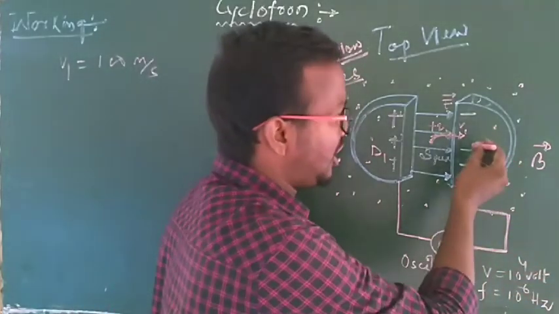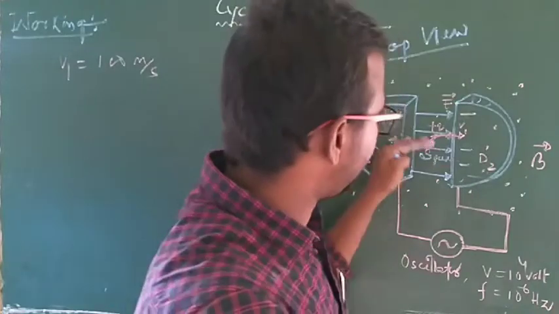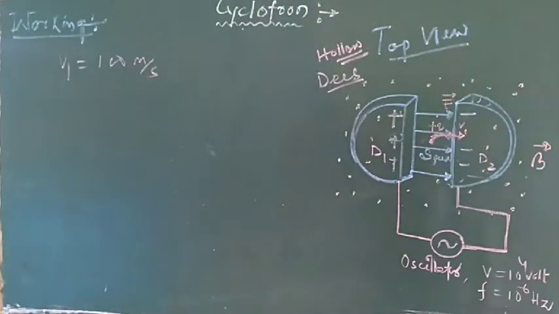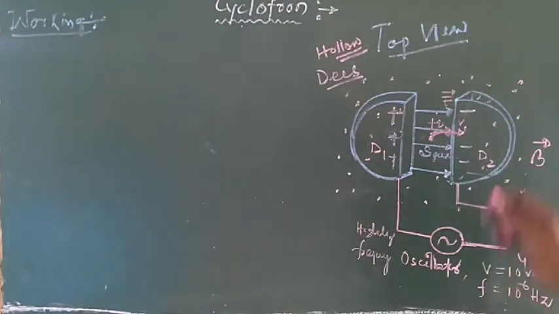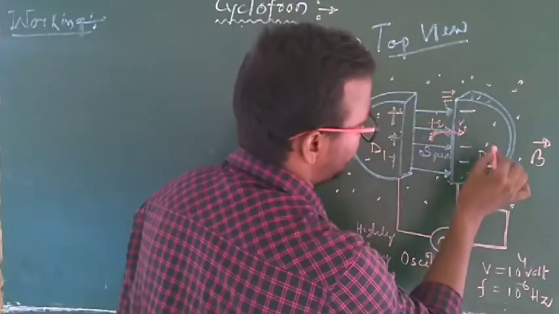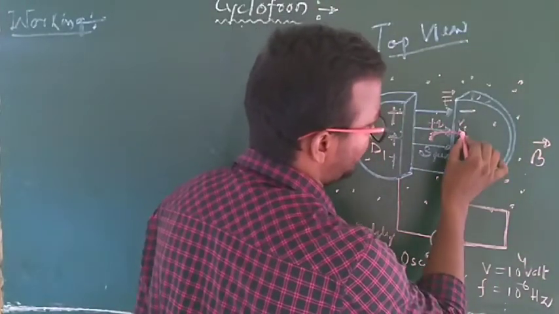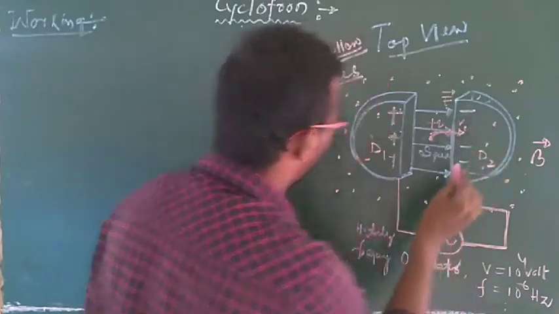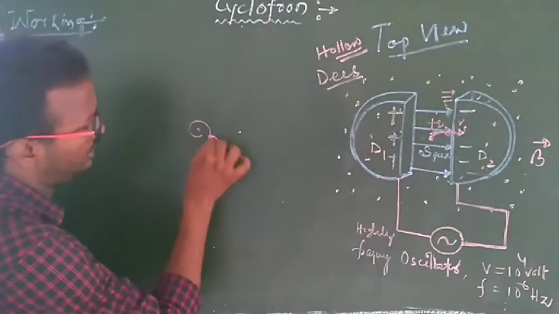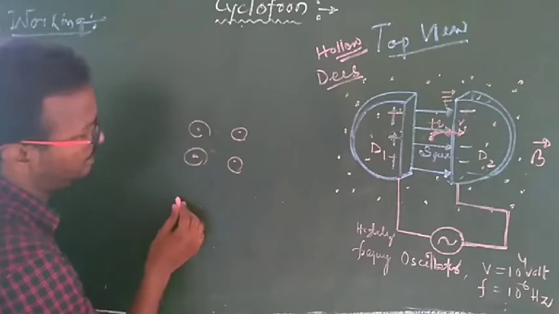There is a particle with velocity v. So when the charged particle enters D2 with velocity v1, the velocity is perpendicular to the direction of the uniform magnetic field.